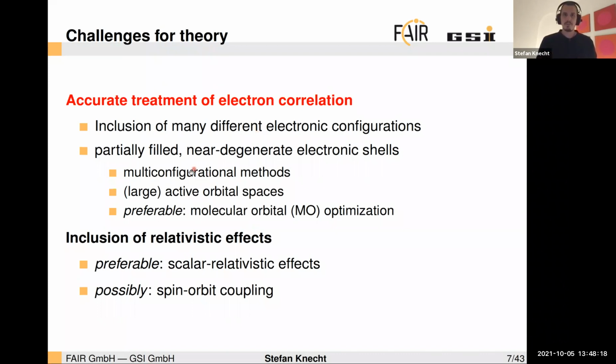That means preferably you would like to have multiconfigurational methods, maybe large active orbital spaces, and preferably you want to be able to do molecular orbital optimization, meaning orbital optimization beyond a mean field picture, so including correlation in our orbital optimization procedure.